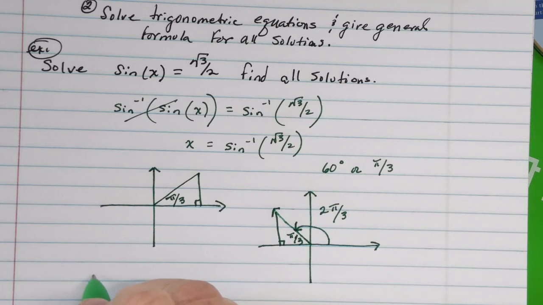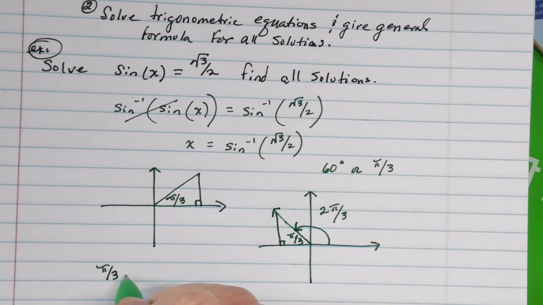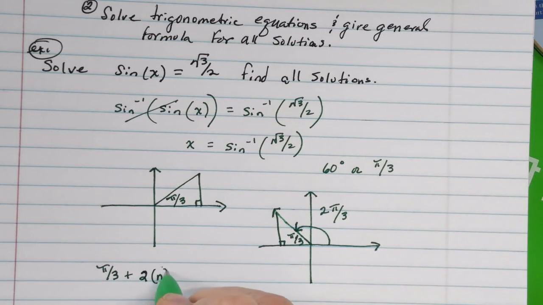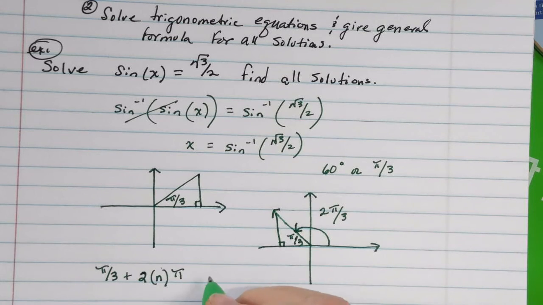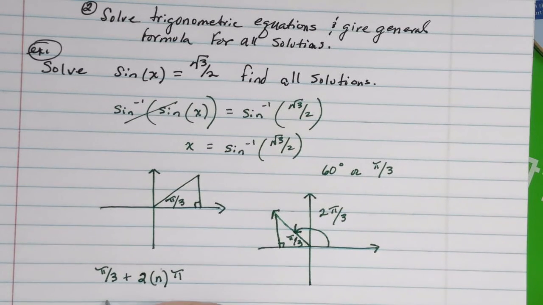Our answer should be pi over 3 plus 2 times n pi, because 2 pi is one rotation, and n is going to be however many rotations we wish to do, where n is an integer.